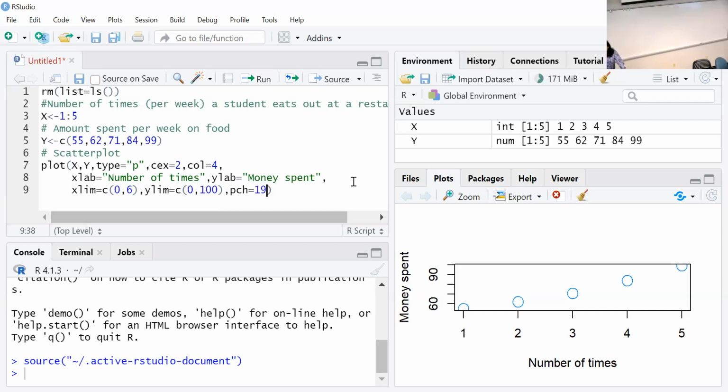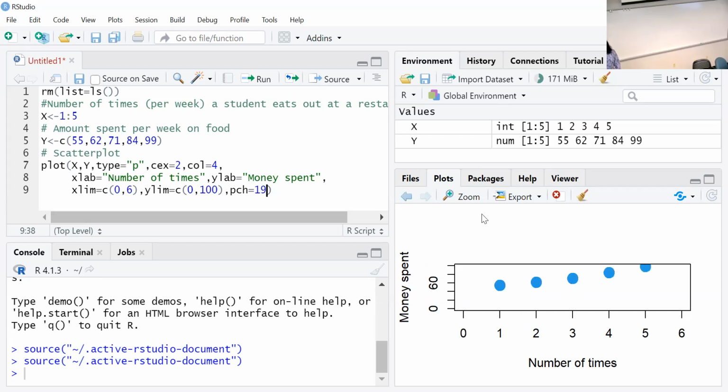How did we do the axis part in the calculator? Zoom start or Zoom 9, one of those. It's exactly at 100.